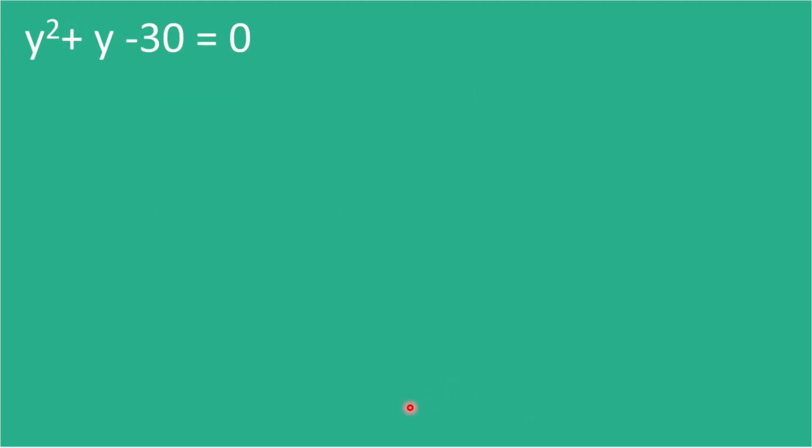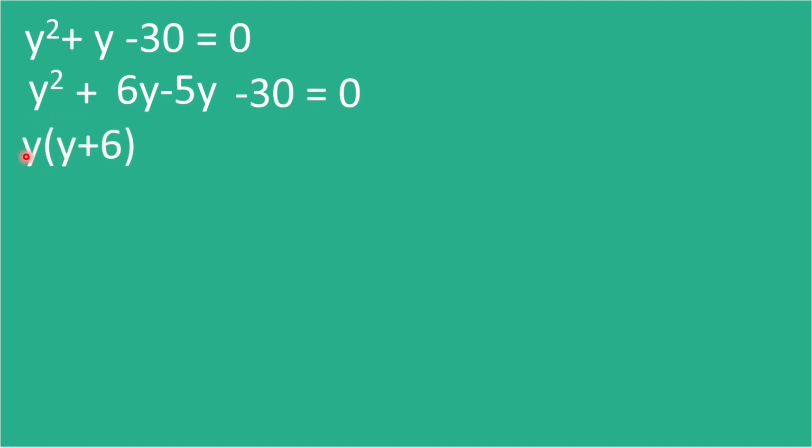Now this is a quadratic equation, and we can factorize this easily. So this y squared plus y can be factorized into y squared plus 6y minus 5y, and then minus 30, which is equal to 0. Now in these two values, we can take y as common. After taking y common from here, we will have y plus 6, and minus.